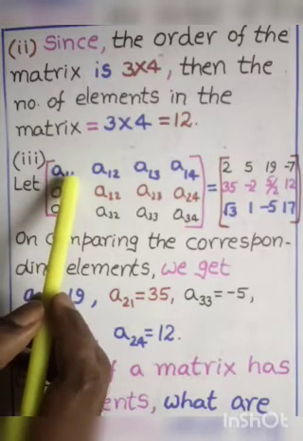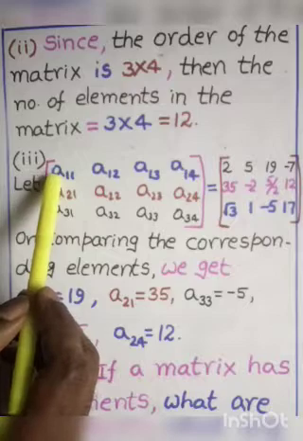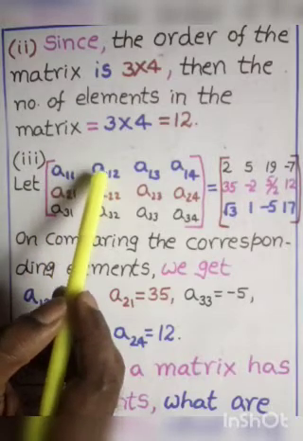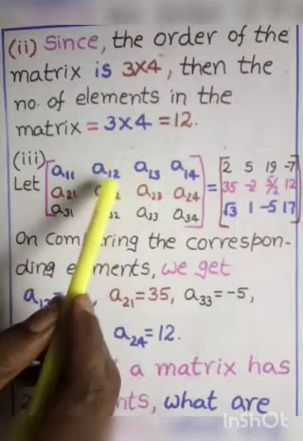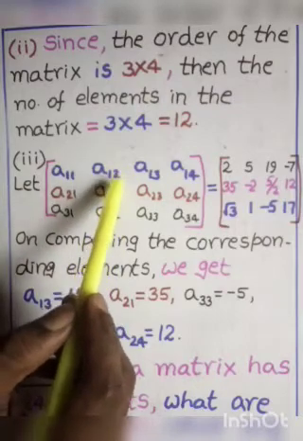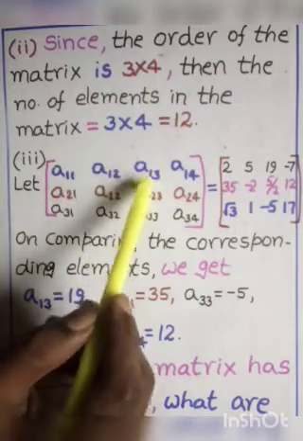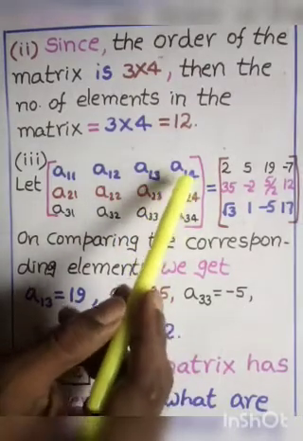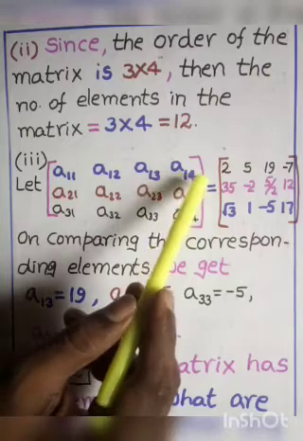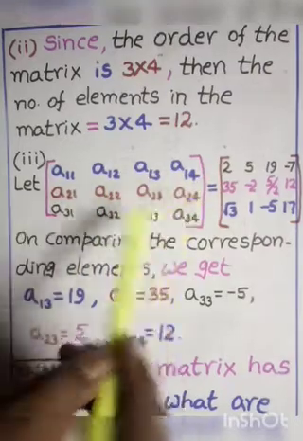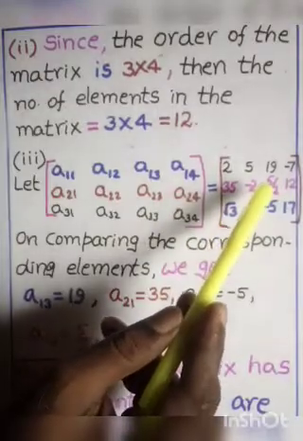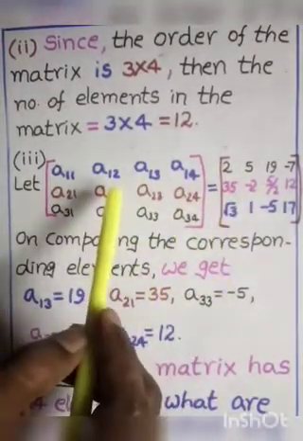So A11 means this element lies in the first row, first column. A12 denotes first row, second column element. This element denotes first row, third column element. This element denotes first row, fourth column element, and so on. Understood, my dear children?